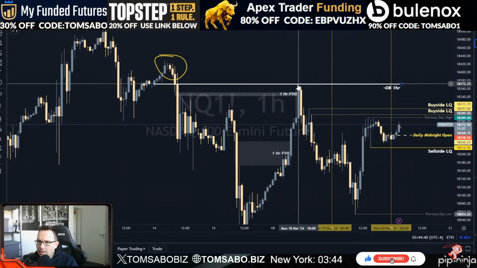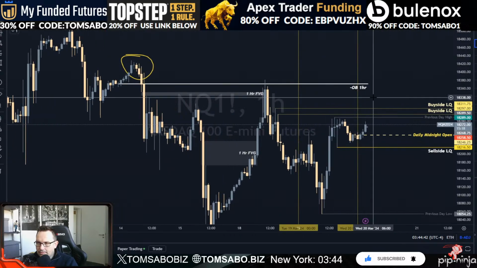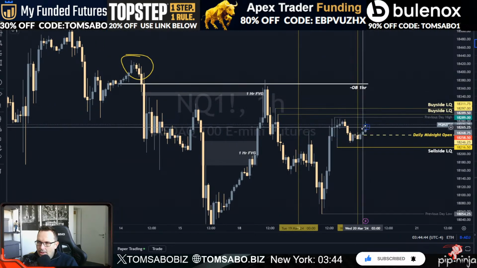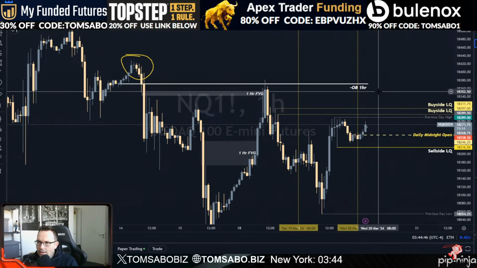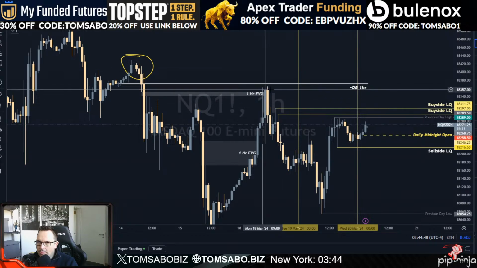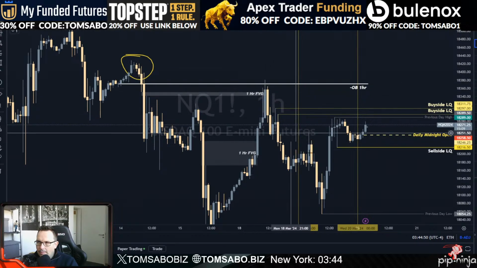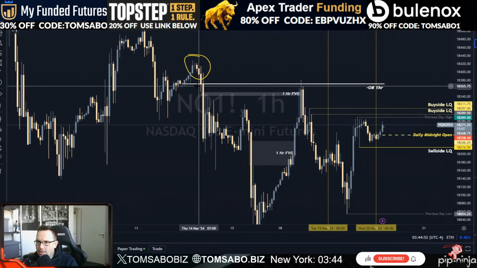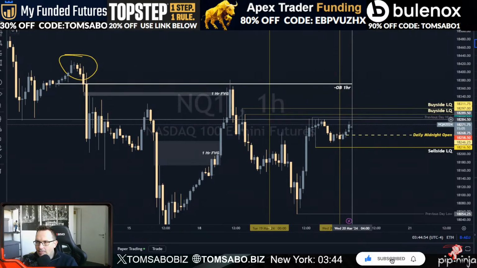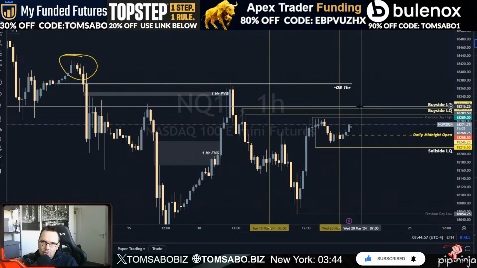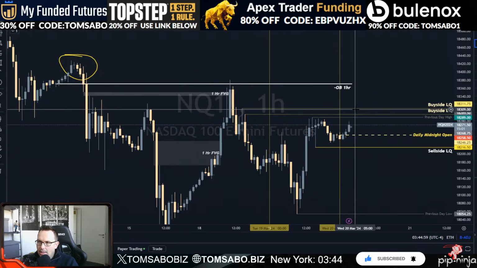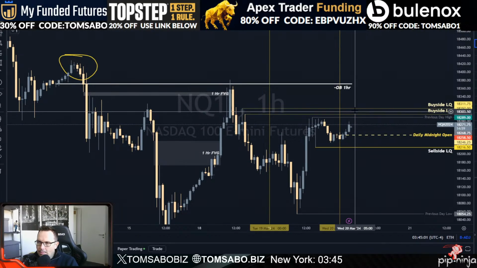This one has already been mitigated. I know that's not a good way to express it, but it has already been mitigated here. And so order blocks are always good targets for me, and I'm hoping that it will push higher. Also, we have FOMC today, so usually they pump it like crazy and they dump it later on.